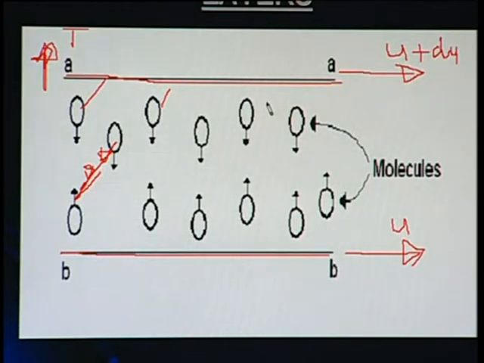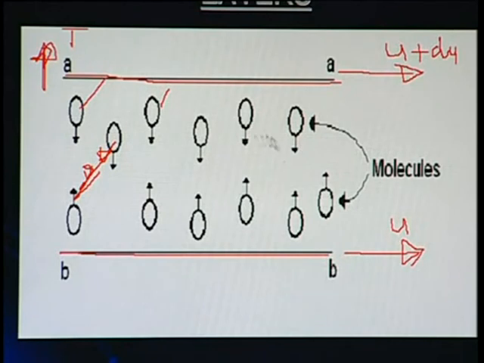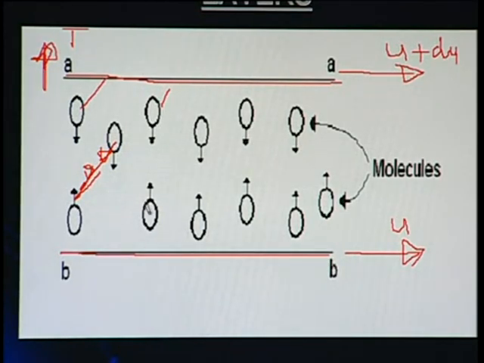Now if we consider second case in which we have the air or any gas. Now in case of gas, as we increase the temperature, then the molecules have tendency to move. In case of gases, their tendency is much higher to move from one layer to another layer.